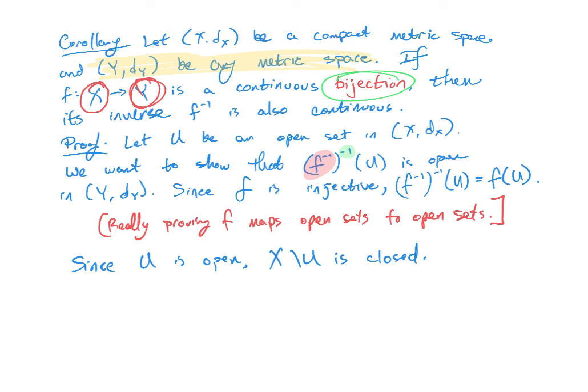In fact, we can do a little bit better. This is a closed subset of a compact set. The compact set is X itself. A closed subset of a compact set is compact.